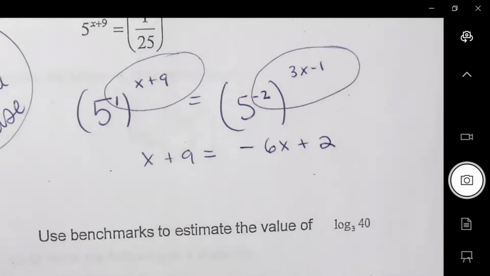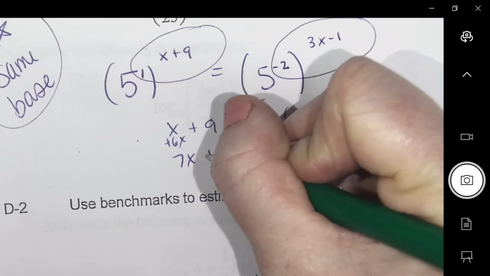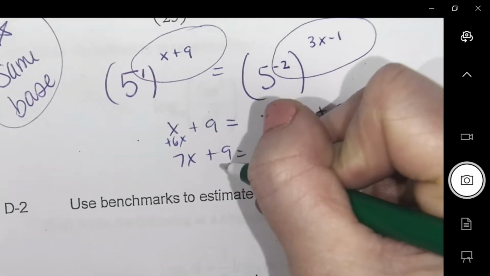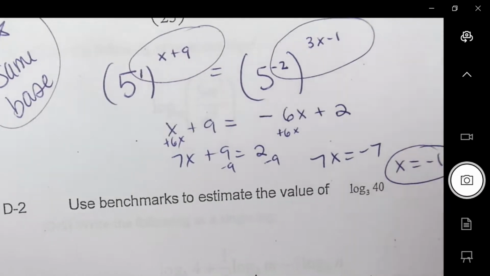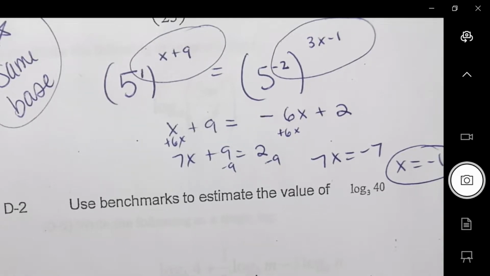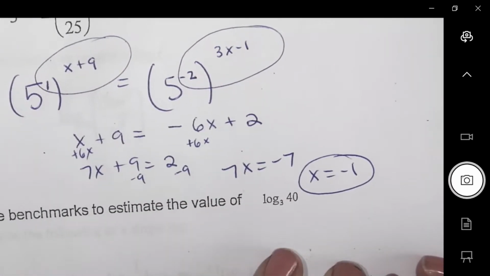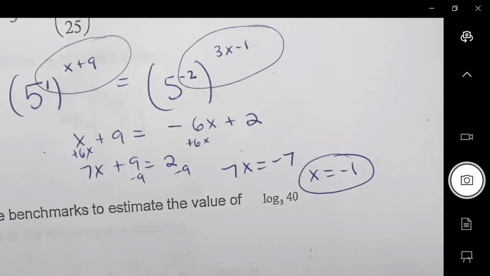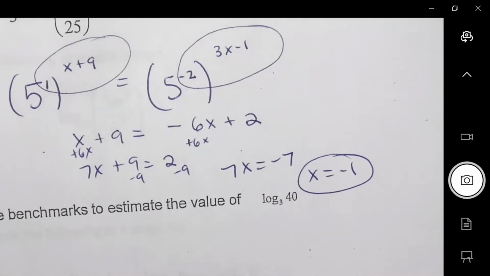Okay, algebra, isolate, so I'm going to plus 6x and minus 9. There's no restriction about negatives on this, right? You can have negative exponents, that's fine. That's to know on a log if the result is positive.